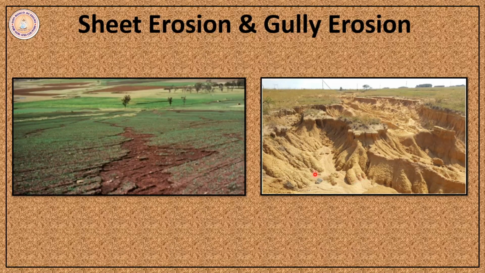Here we see another aspect of rainwater destruction of soil, and that is gully erosion. Again, due to lack of vegetation, when the rainwater falls on this area, it begins to make narrow furrows or trenches along the soil over here.